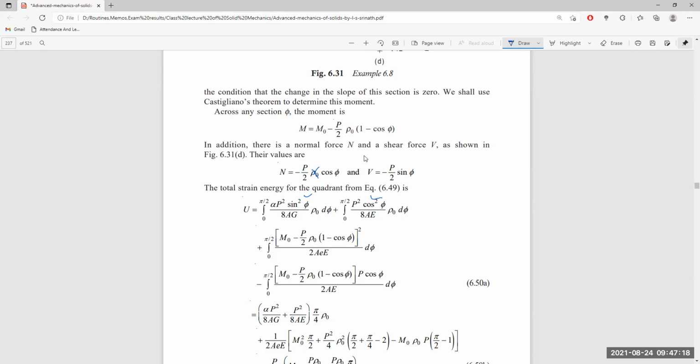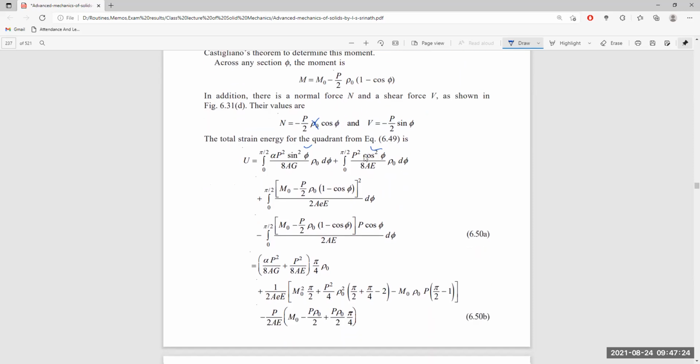If we integrate and apply the boundary conditions, the first two terms become alpha rho squared P squared divided by 2 A G plus 8 A E pi by 4 rho 0, and 1 by 2 E.